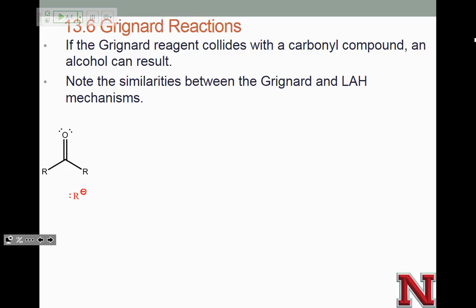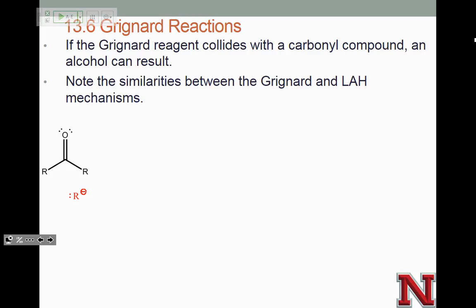It's going to react with a partial positive carbon very easily. Now, this won't react with other alkyl halides, and I'm going to tell you why in a second. But it will react with a carbon-oxygen double bond, and later on we'll also learn it'll react with an epoxide very efficiently. But otherwise, this is all it's going to react with.